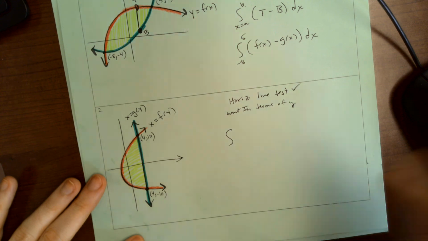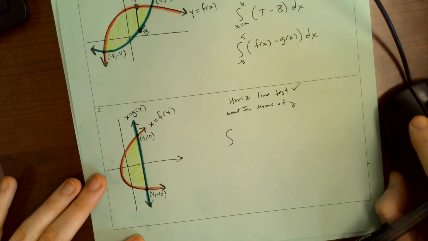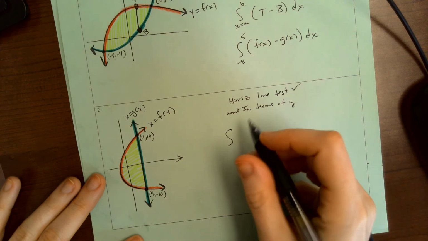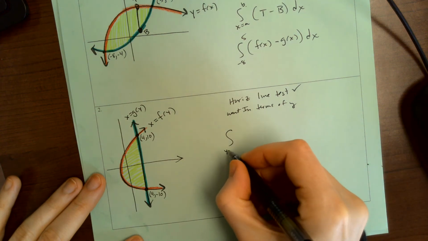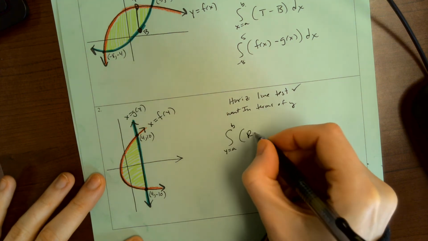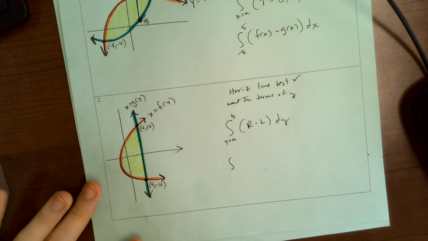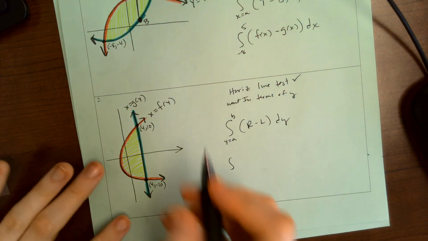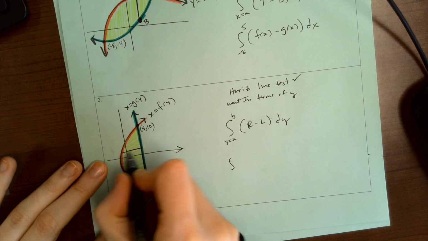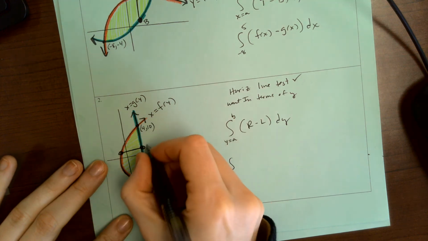Okay, and I'm going to use this formula. The integral, let me try to focus this. That's better. The integral from y equals a to b, right minus left dy. Okay, so let's do a horizontal line this time. Put a dot there and a dot there.